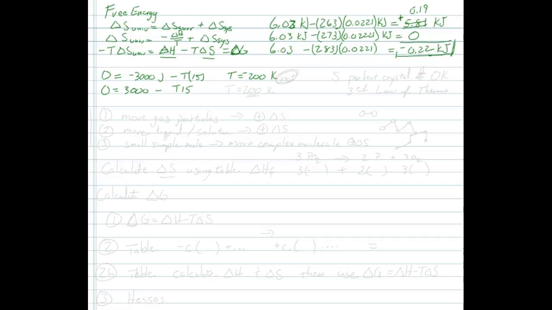Kelvin cannot be that, so it will never be spontaneous or always be spontaneous, depending upon what the signs are. This one, you subtract 3,000 and you divide by negative 15, and T equals positive 200 Kelvin. So that means at 200 Kelvin, the reaction will stop proceeding.